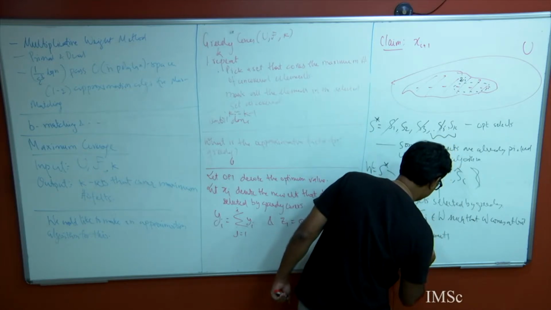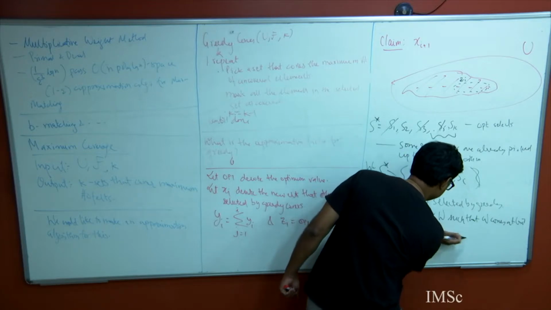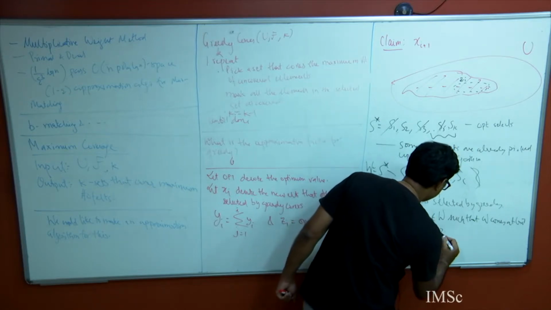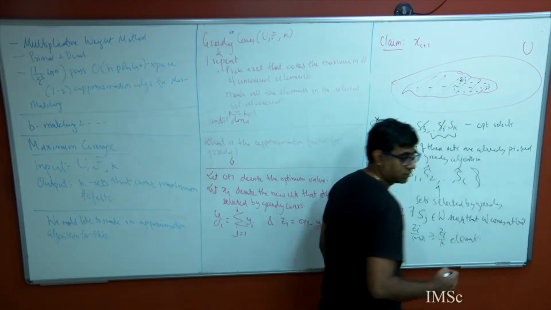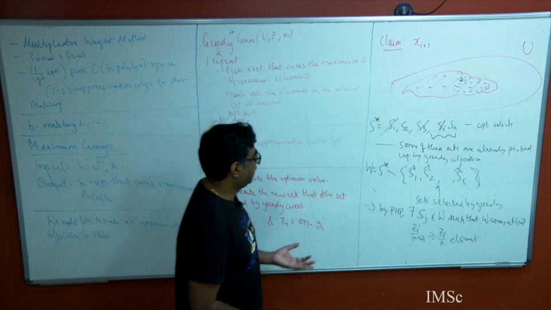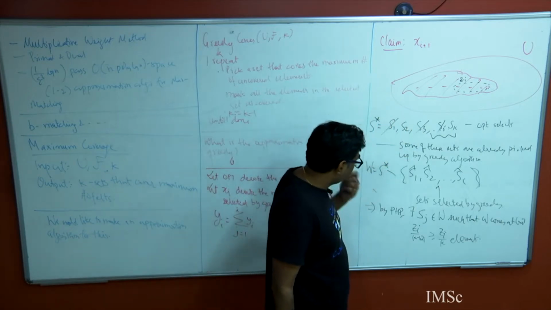In fact, k minus W, which is greater than or equal to Zi by k elements. Do you agree to this? Right? So what does this imply?